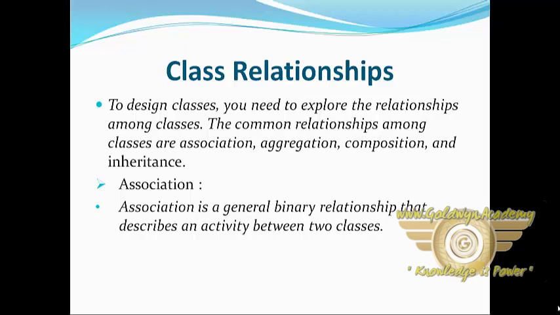Association is a general binary relationship that describes an activity between two classes. For example, a student taking a course is an association between the student class and the course class, and a faculty member teaching a course is an association between the faculty class and the course class.